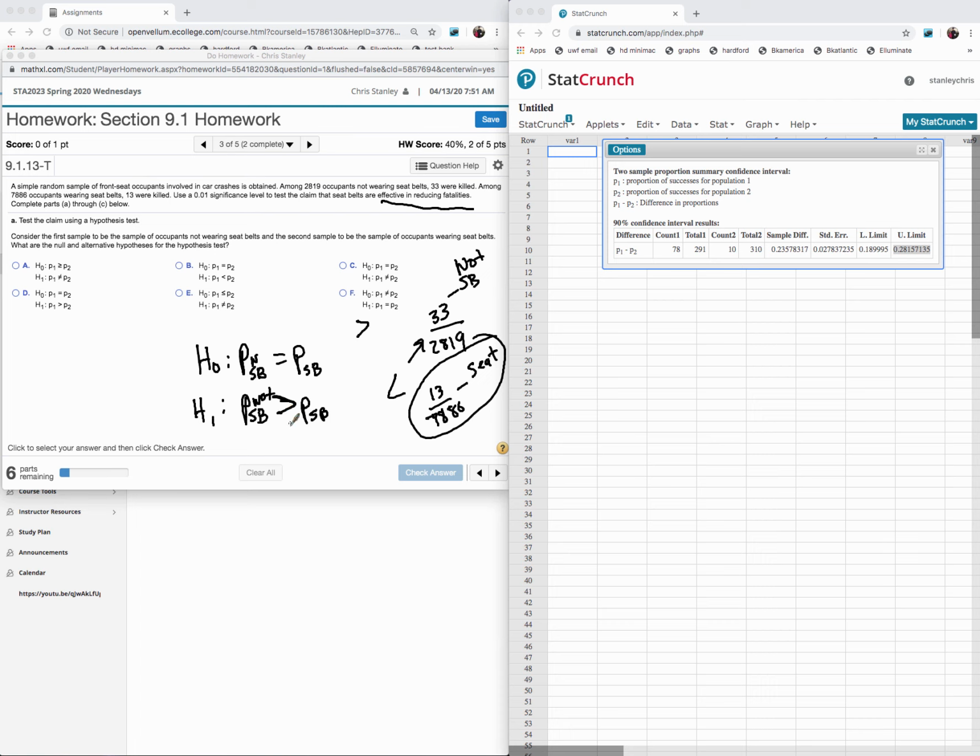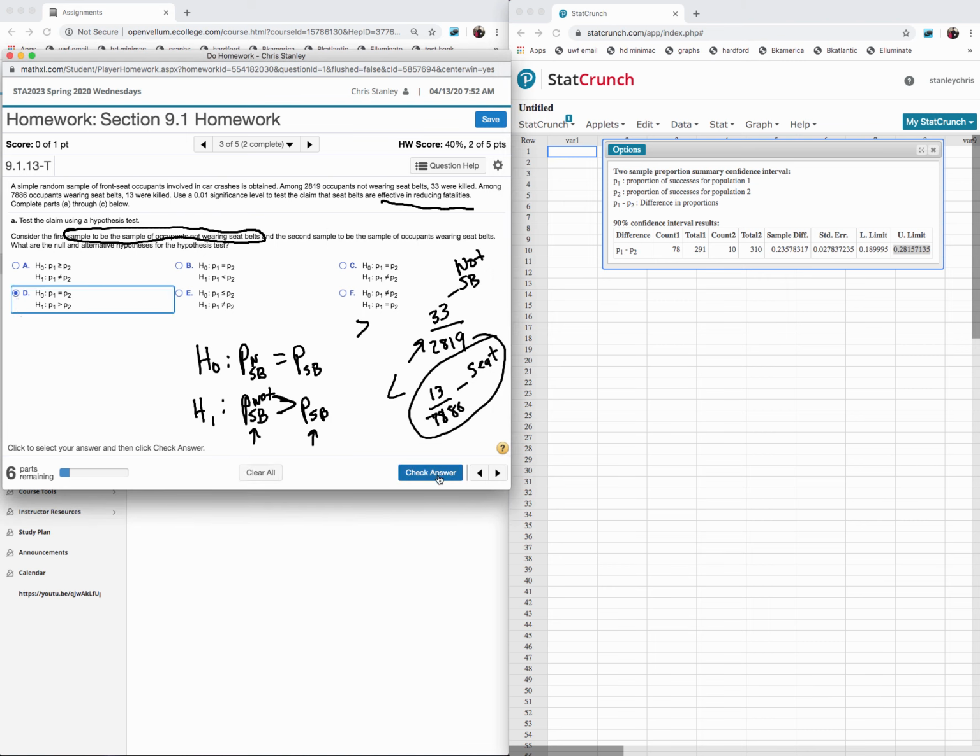The death rate should be greater if they're not wearing a seatbelt. So that's what this sentence right here gives us. We have to know the order, because they want this number to be bigger than this number, which means it would be greater than. Okay, so that's going to turn out to be this one. You have to know the order because it could be less than, and it could still be correct.